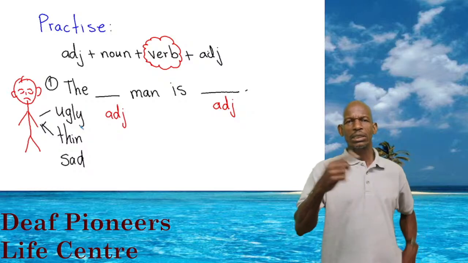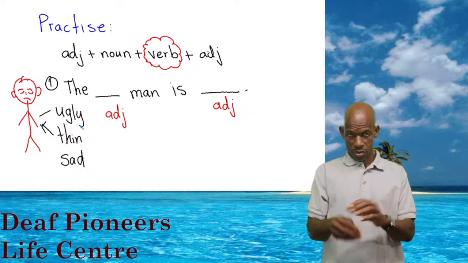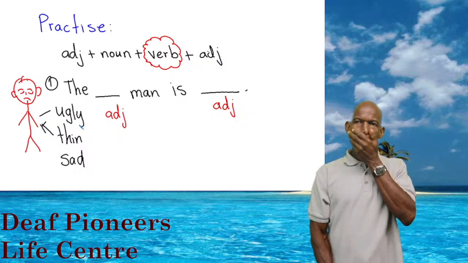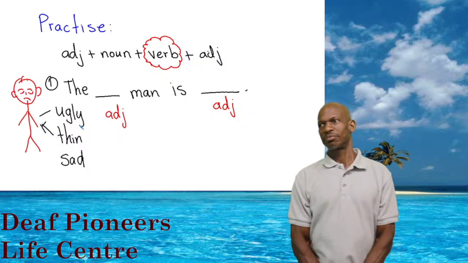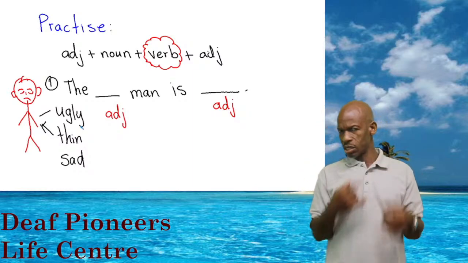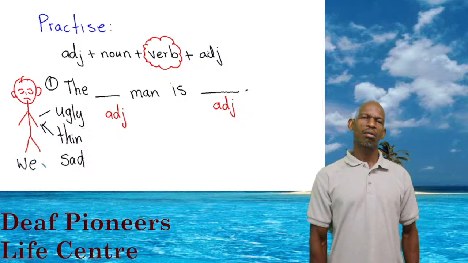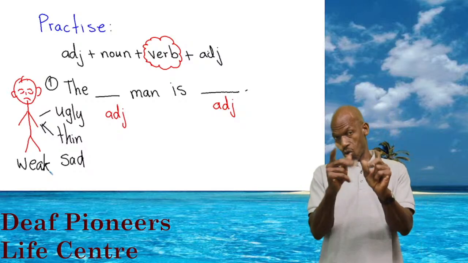What do you want to say? You want to give me another adjective? W-E-A-K. Weak. All right, you can say he's weak. That is another adjective to describe him. He's weak. All right, so that's another adjective.